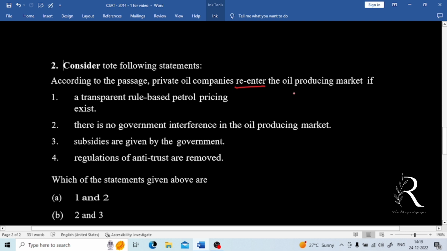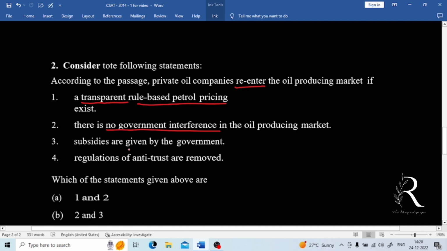Again, transparent, which was mentioned in the earlier question too. Keyword: transparent rule-based petrol pricing, which means some strict rules are required. There is no government interference, which means the passage may be talking about whether government interference in the market is required or not. We are just assuming; we have not read the passage yet. We are just marking out the keywords.